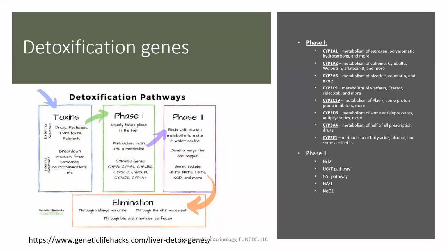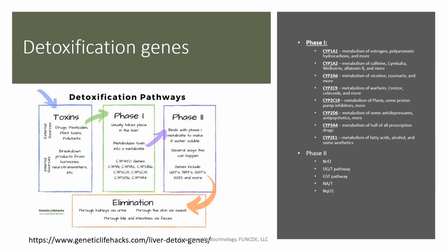Another part that I like talking about when we talk about genetics is detoxification pathways. Just to remind you, we have toxins that get into our body, or even internal sources like breakdown products of hormones or neurotransmitters.